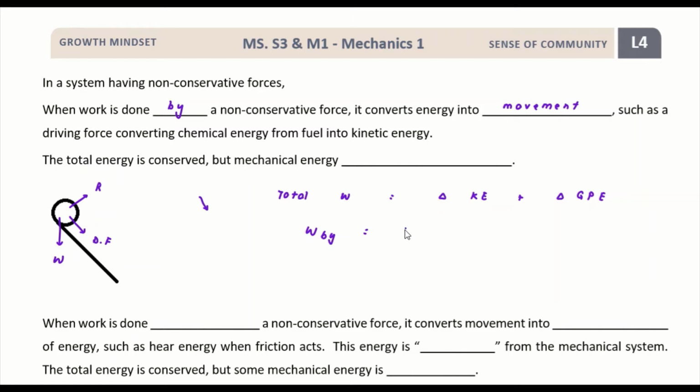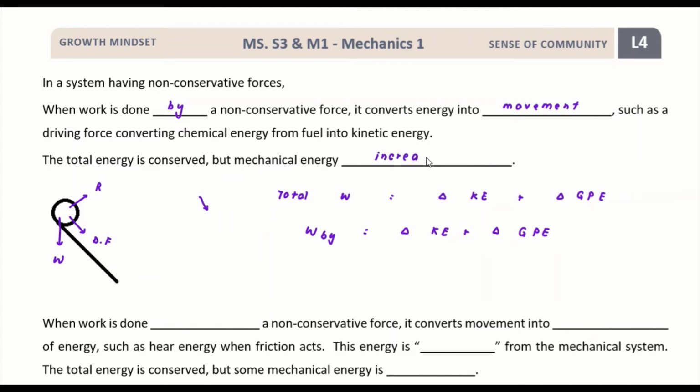It will be equal to the change in kinetic energy plus the change in gravitational potential energy. We know the work done by the force gives a positive answer, so the change in kinetic energy and the change in gravitational potential energy are going to be positive. So the work done by the force is equal to a positive change in mechanical energy. So you see the total energy is conserved, but the mechanical energy actually increases.